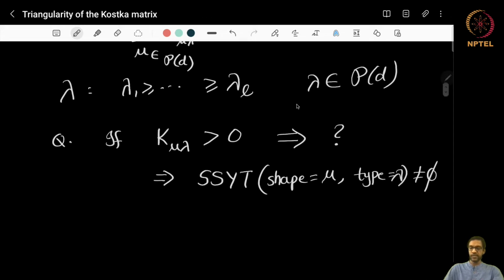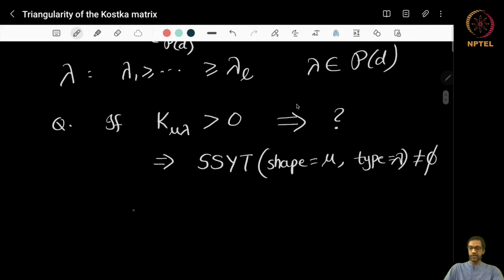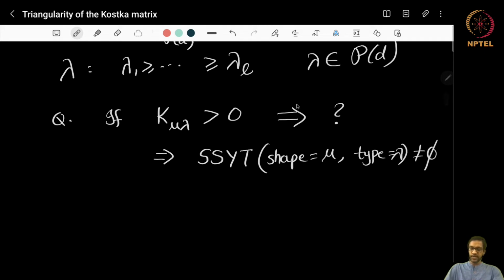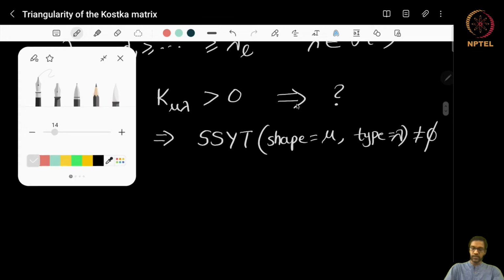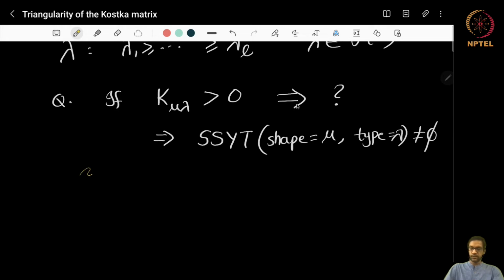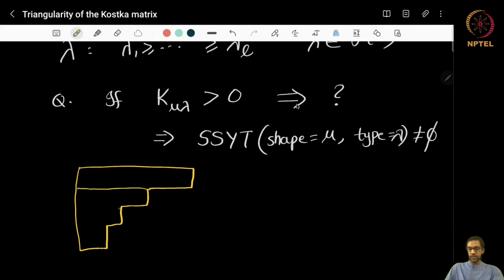So in particular, there is at least one semi-standard tableau. What is a semi-standard tableau? Recall that it involves filling the shape of mu. This is the Young diagram of mu, and you have to fill these boxes.